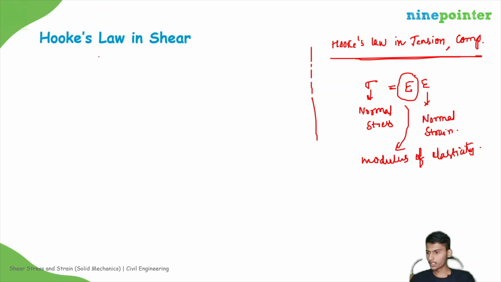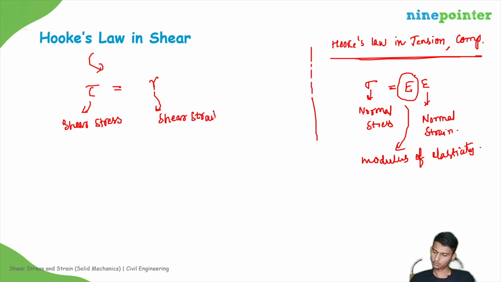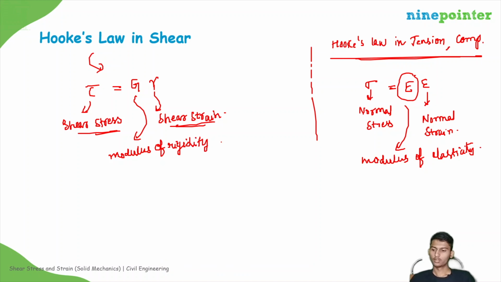Similarly over here, tau, the shear stress, should equal some constant into gamma, that is the shear strain. That constant is G over here. This is the modulus of rigidity, or shear modulus.